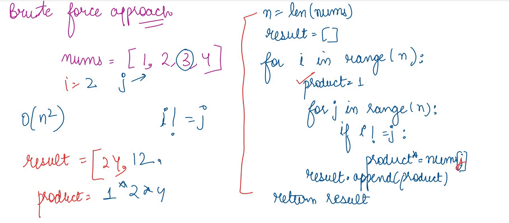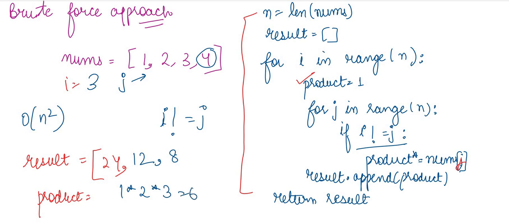Got it? Only the value will be considered when i is not equal to j. Then go ahead, i value 3, this time j equal to 3, that is 4, will not be considered, product will be 1 into 2 into 3. Every time you are initializing product to 1 so that it is not affected by the last loop product. Got it? This is the order of n square technique.